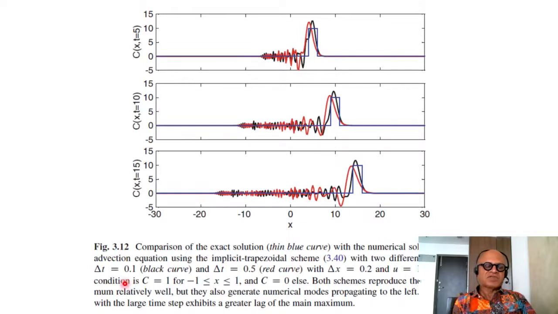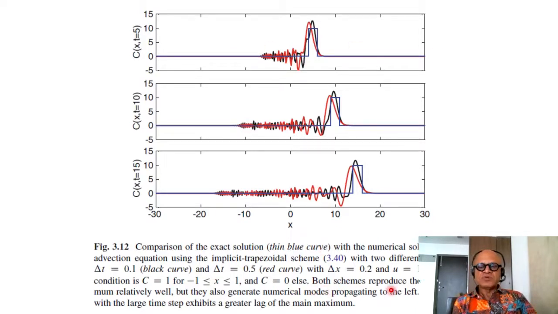With two different time steps, delta t equal to 0.1 in the black curve and delta t equal to 0.5 in the red curve, with delta x equal to 0.2 for both and u equal to 1. The initial condition is c equal to 1 for minus 1 less than or equal to x less than or equal to 1 and c equal to 0 elsewhere. That's the initial pulse given.